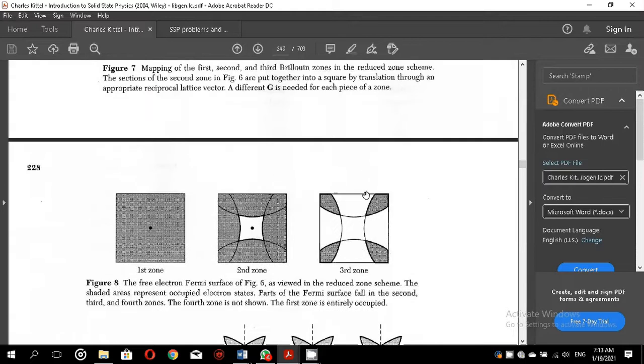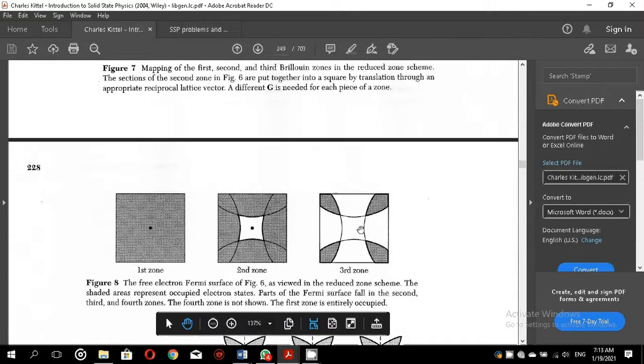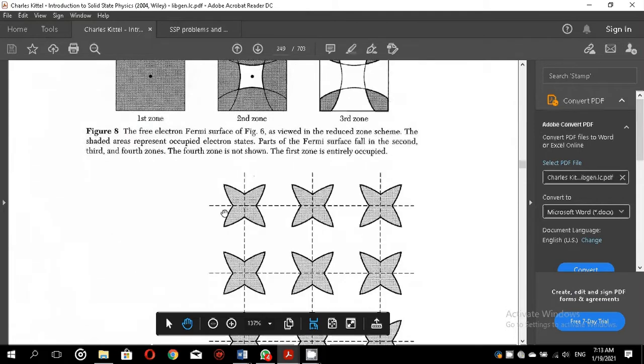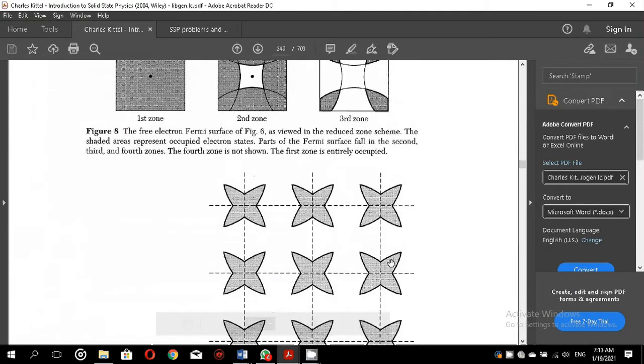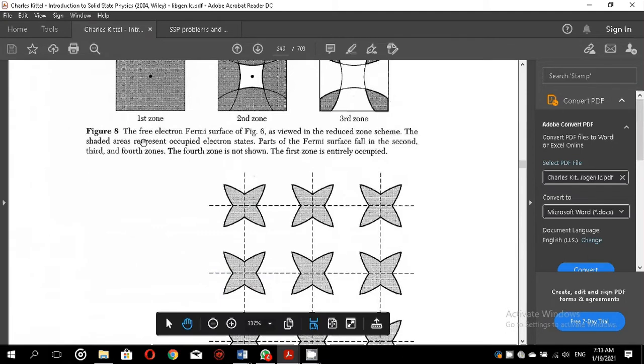So when we transfer these parts once again using the reduced zone scheme, we get these stars like this.